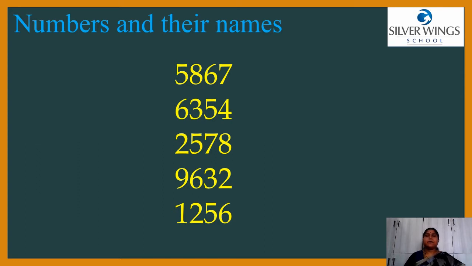Next number, 9632. Next number, 1256. Okay, these are some 4-digit numbers and their number names.